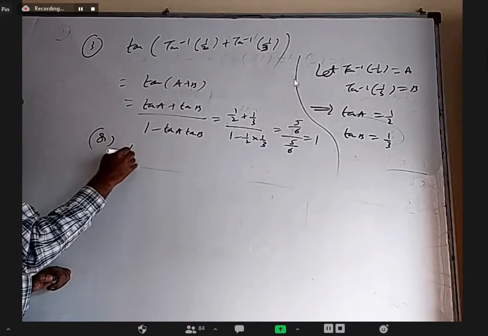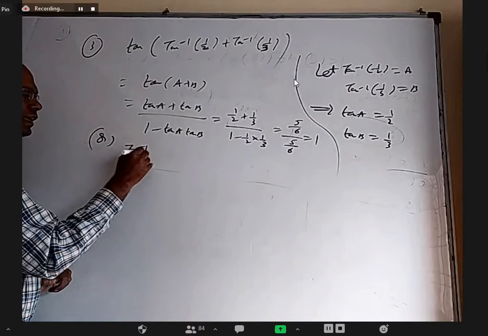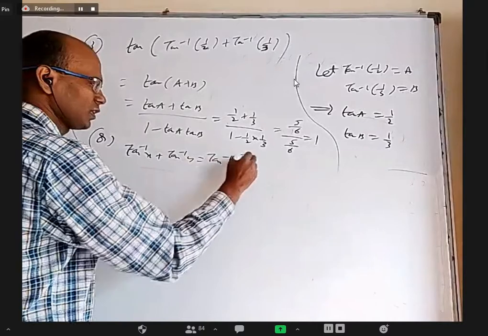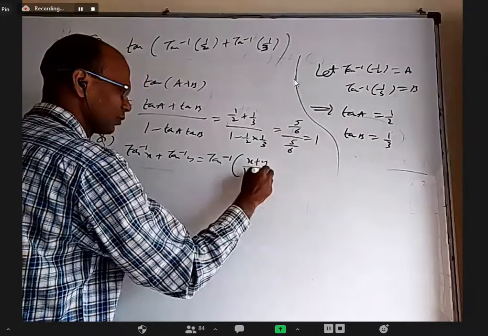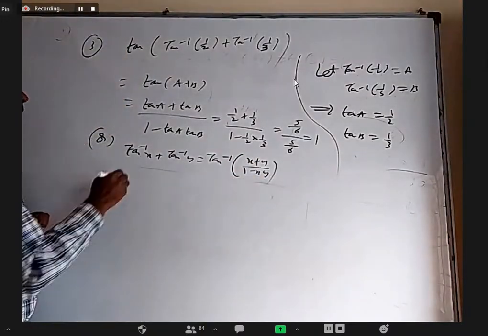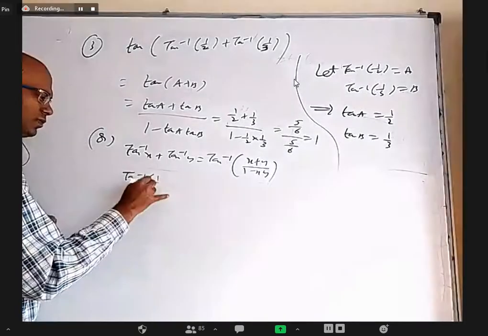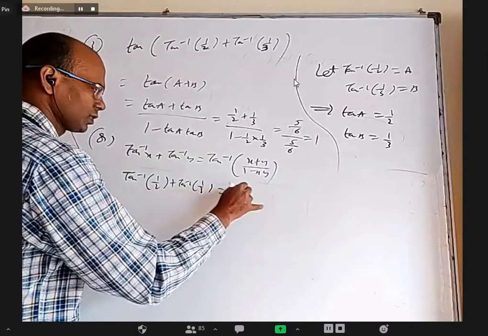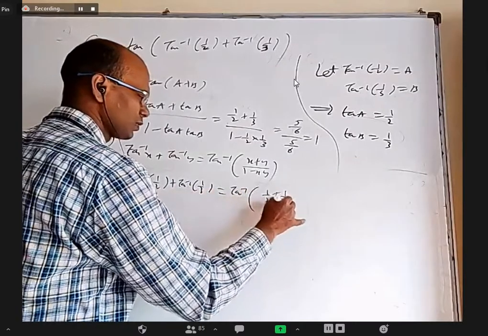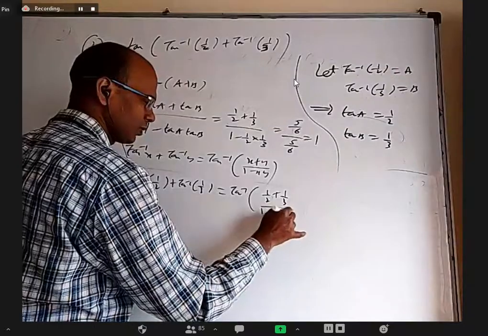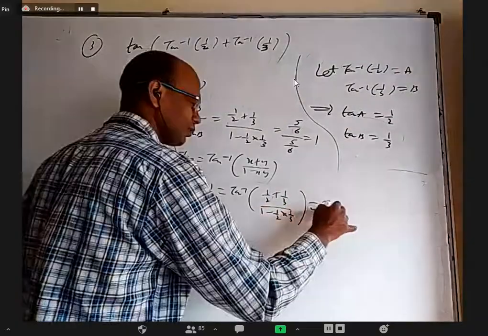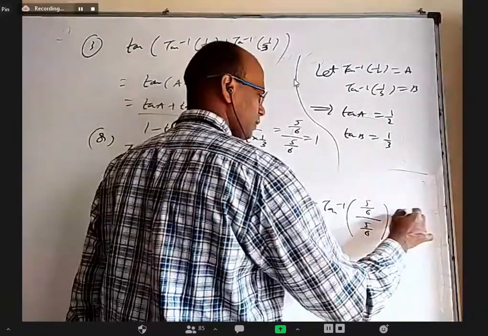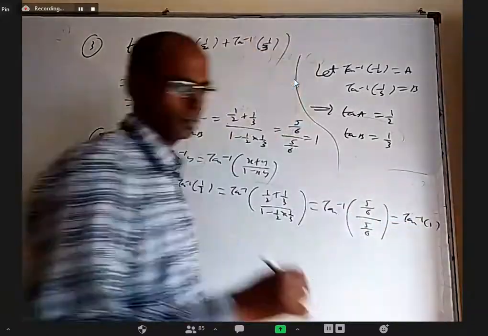If somebody wants to use the formula, you have to write the formula first: tan inverse x plus tan inverse y is tan inverse of x plus y by 1 minus xy. So tan inverse 1 by 2 plus tan inverse 1 by 3 is tan inverse of 1 by 2 plus 1 by 3 by 1 minus 1 by 2 into 1 by 3, which is tan inverse of 5 by 6 by 5 by 6, which is tan inverse 1.